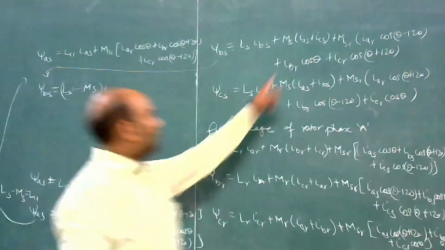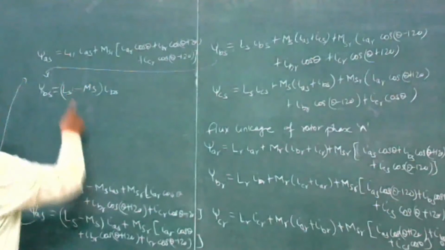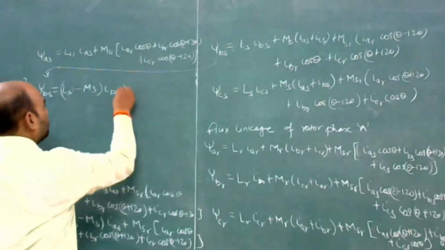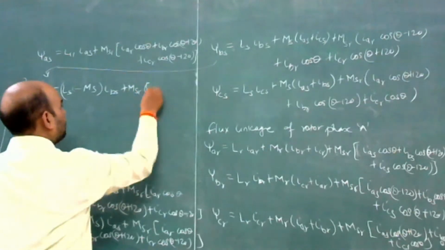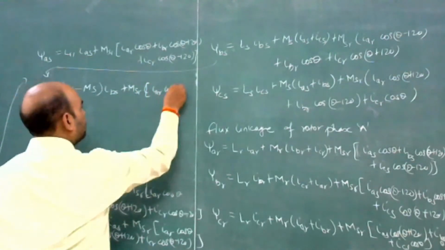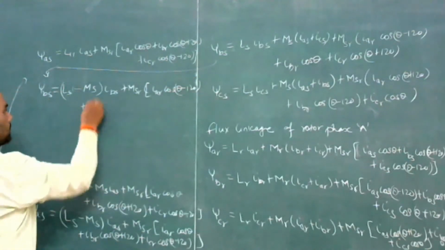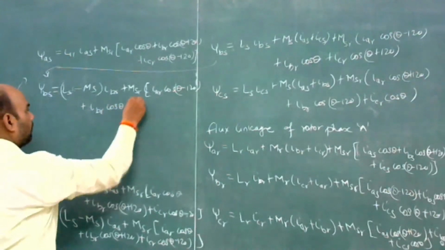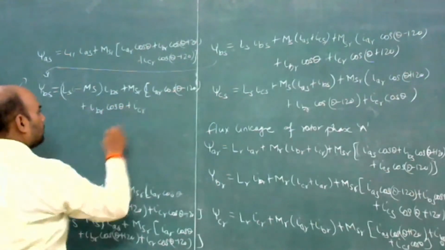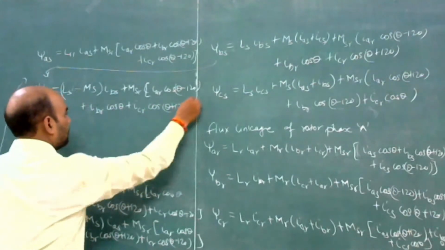IAS plus ICS is minus IBS. So plus MSR IAR cos theta minus 120 degrees plus IBR cos theta plus ICR cos theta plus 120 degrees.